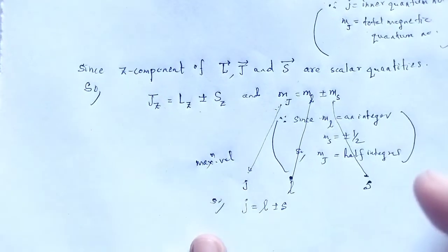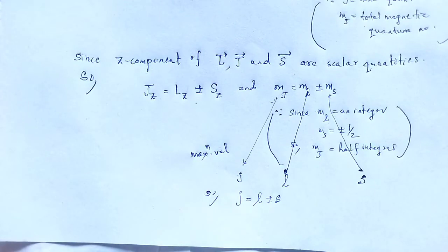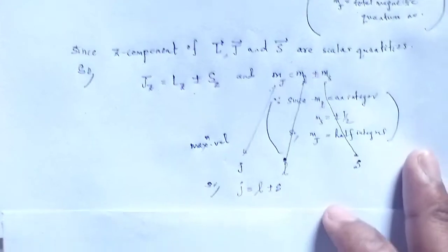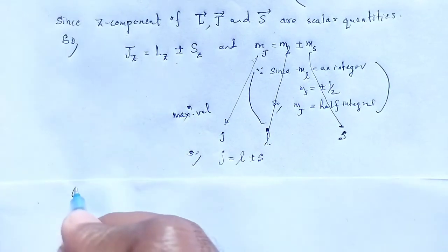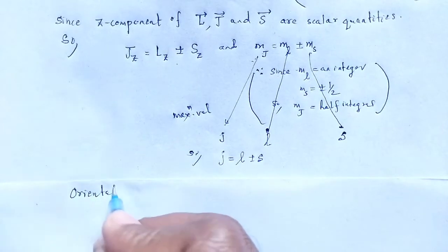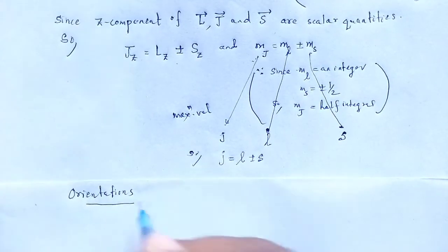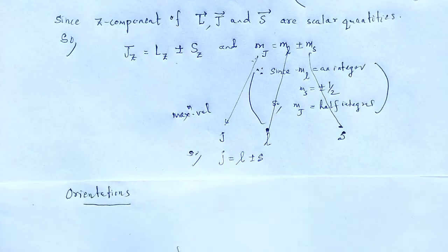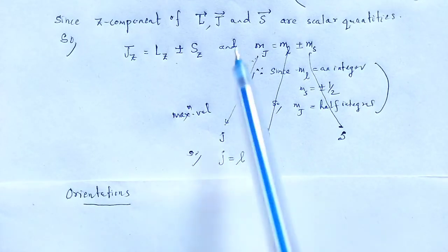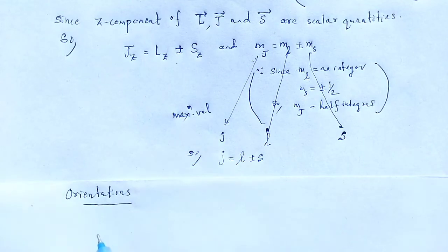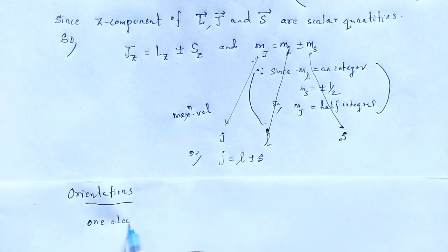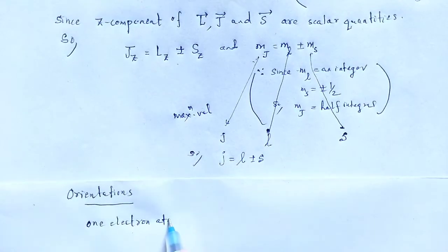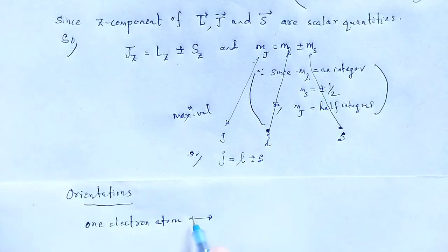The orientations look like this. In all the conditions we consider a one electron atom. What should be the orientations between L, J and S?